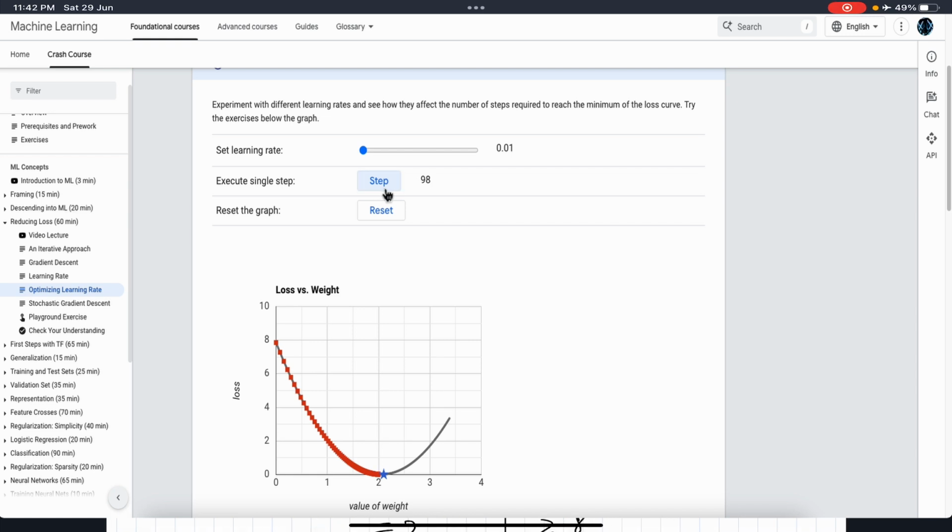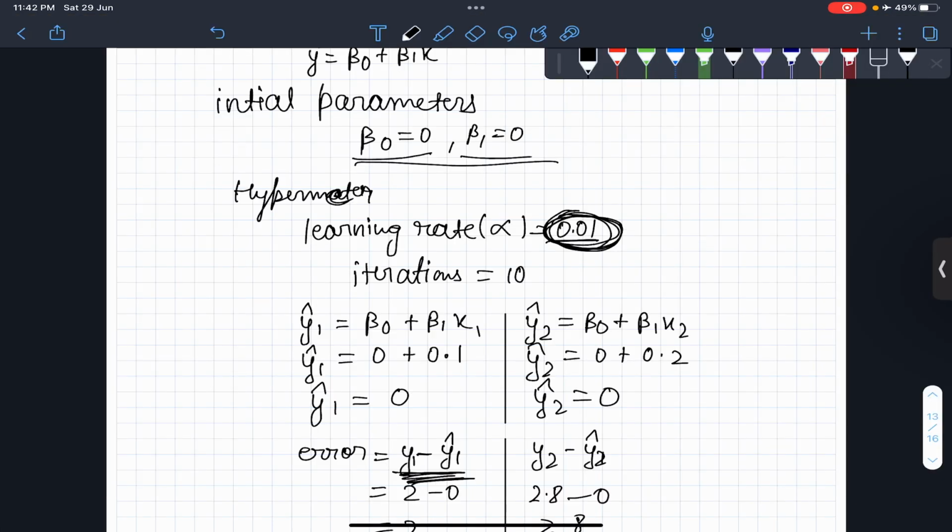Then our answer would have been very different, because it changes the whole derivative and updates the new betas. So changing the hyperparameters can affect our new parameters, beta 0 and beta 1, and it can affect our prediction. So it is very important to get a suitable hyperparameter for making predictions.